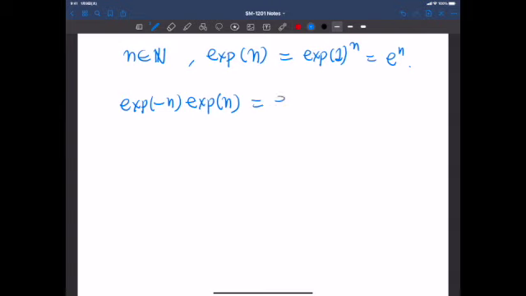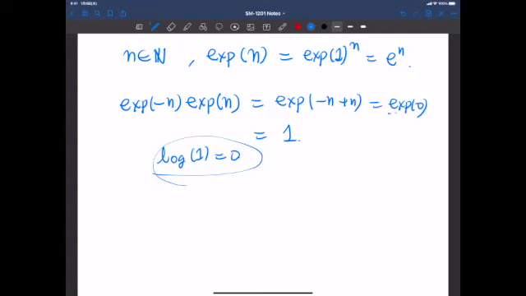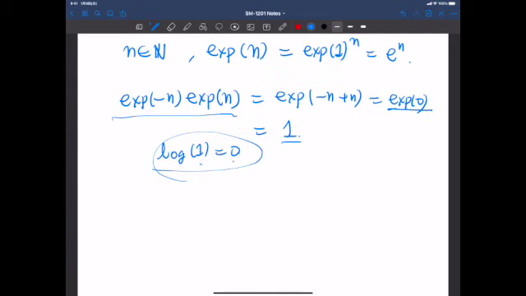And we have seen that this is equal to exp of minus n plus n, which is exponential of 0. But this should be equal to 1, because as we have seen, log of 1 is 0. So by taking the inverse of this, we can see that exponential of 0 is equal to 1, right? So this proves that this is equal to 1.